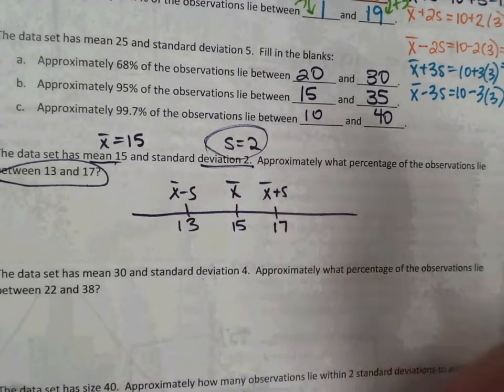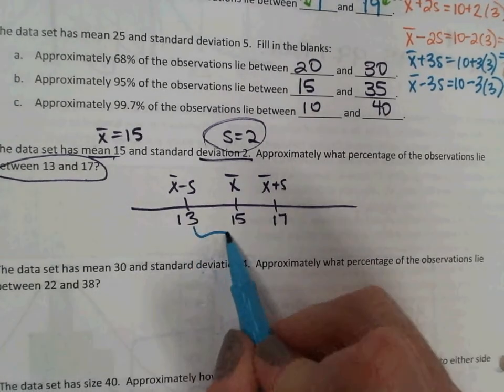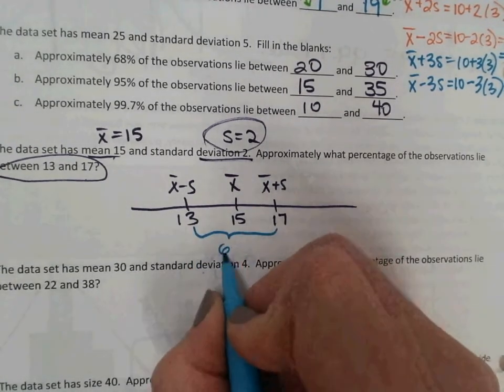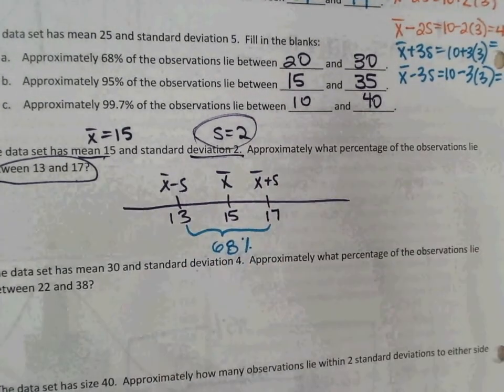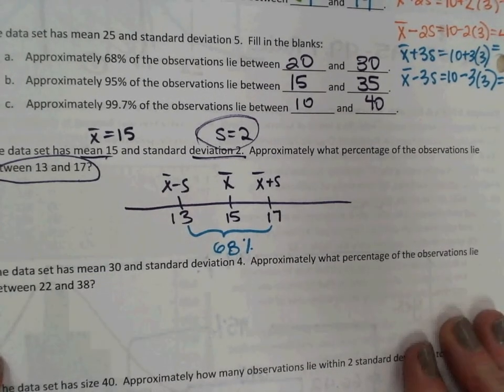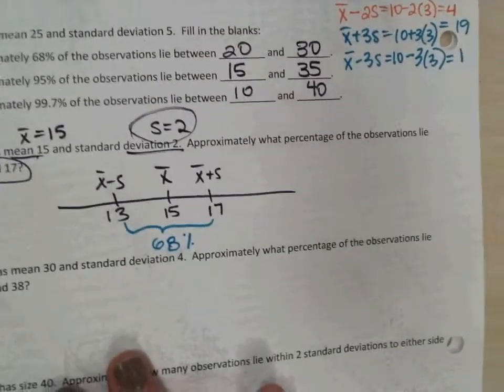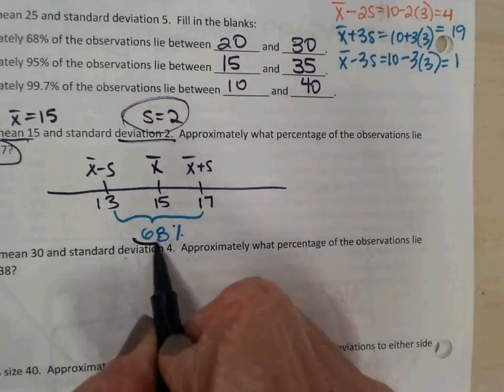One standard deviation away from the mean, we would assume 68% of the observations, and that goes back to our empirical rule on the first slide. So the answer to this question is just 68%.